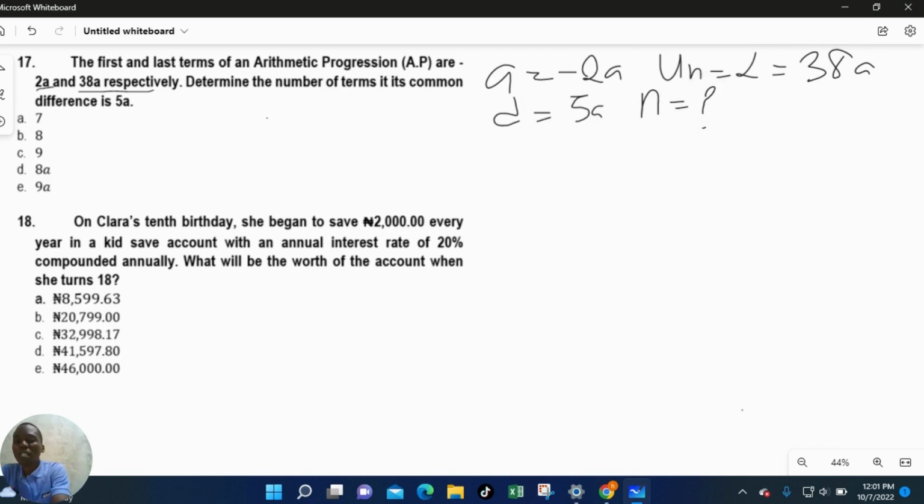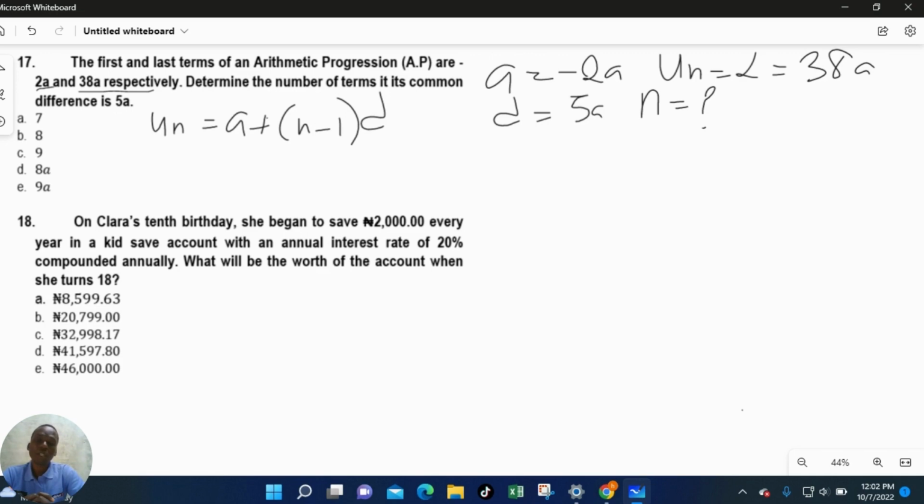Now, the formula for the nth term is what? Un, the nth term of an arithmetic progression, is Un equal to a plus bracket n minus 1 close bracket d. Now, having gotten that formula, all you need to do is find out that all the parameters for that formula are given except n, which is the parameter we are looking for.